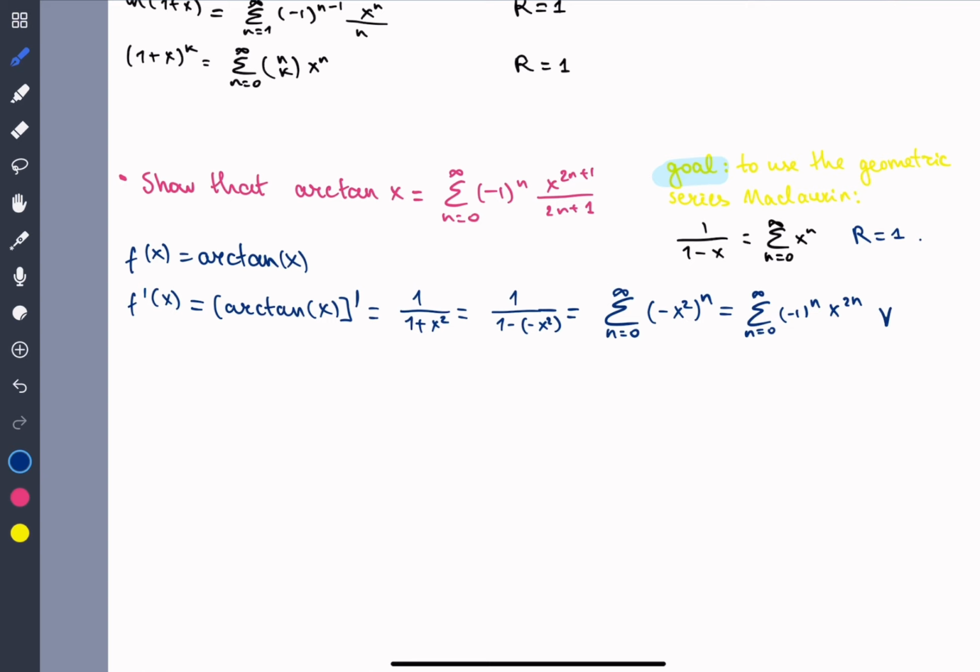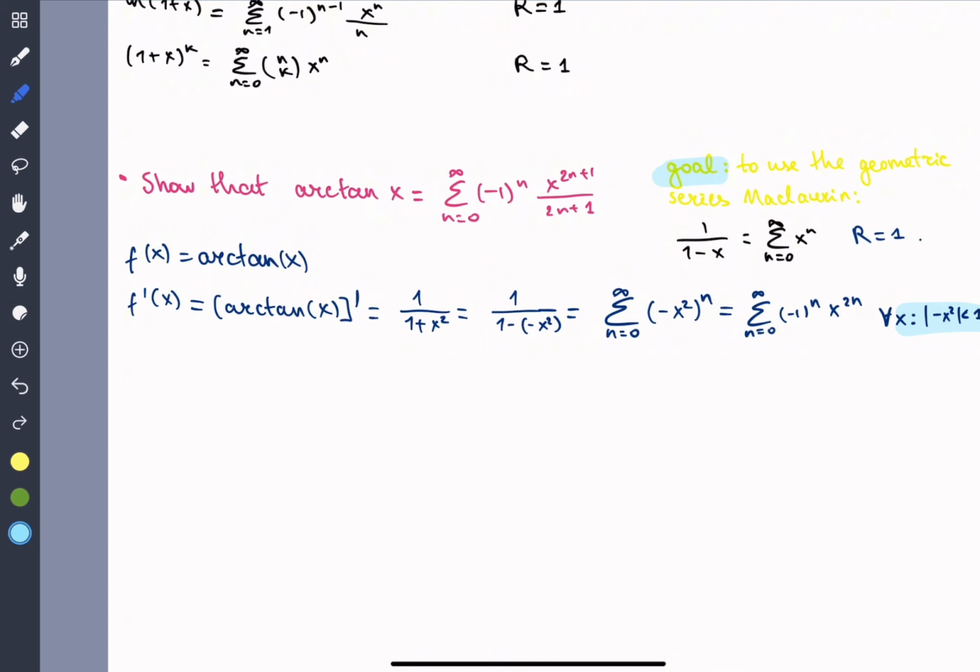It is absolutely important to write for which x this holds. In our case, it is the absolute value of minus x squared less than 1. It's because of the radius of convergence of the geometric series that we used.